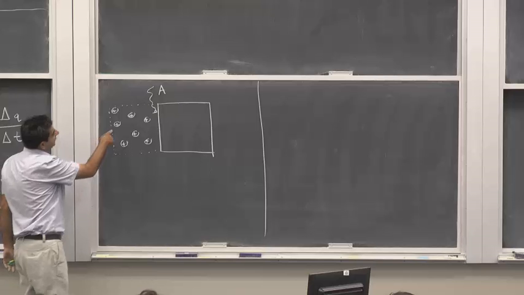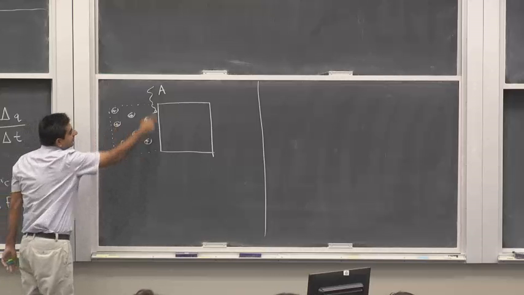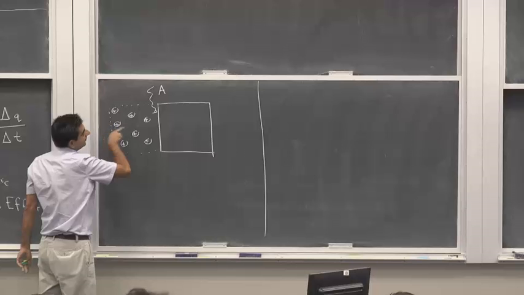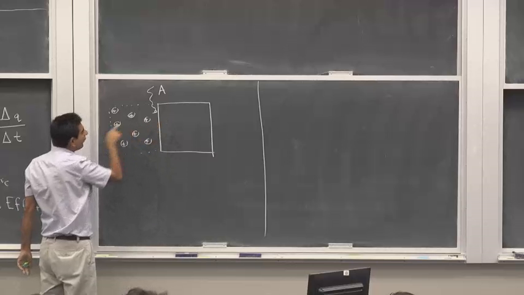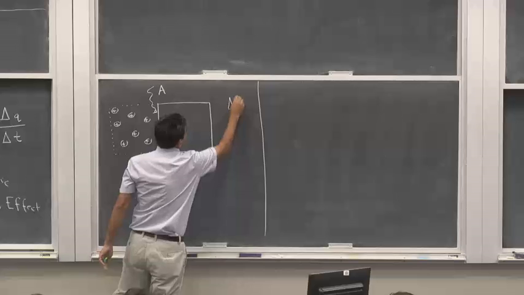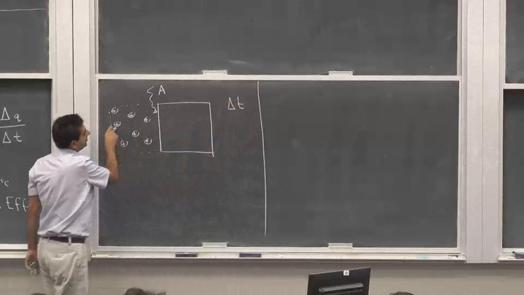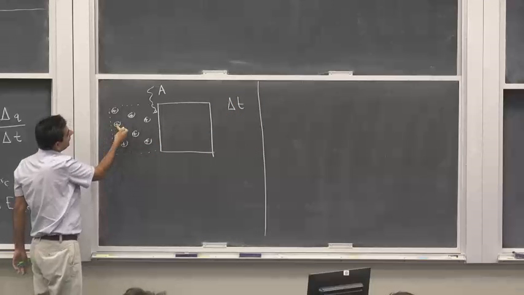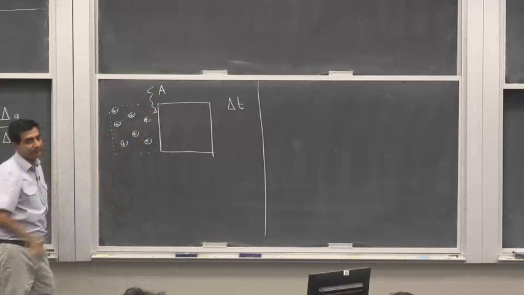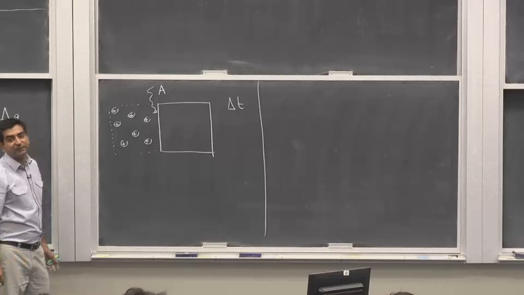So this charge, which is at a certain distance from this cross-sectional area, can permeate across this surface. How far can this charge be from this? If I take a time delta t, how far can this charge be? What's the distance of the furthest charge that can cross this area in a time delta t? It's v into delta t.